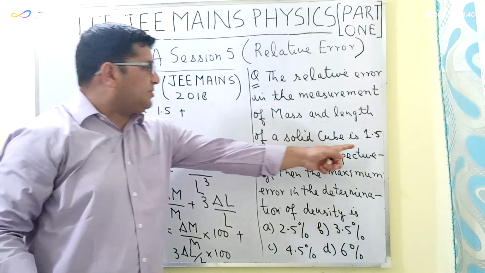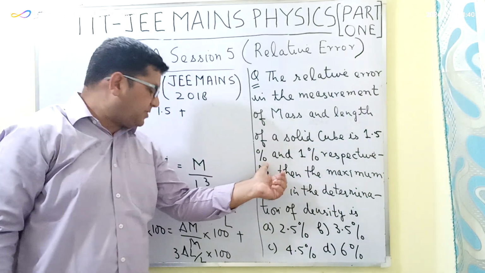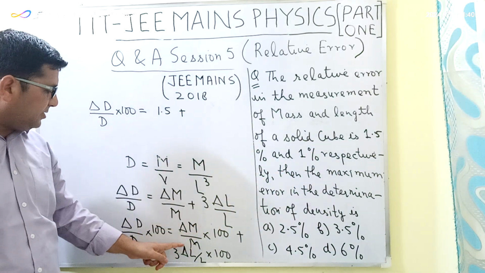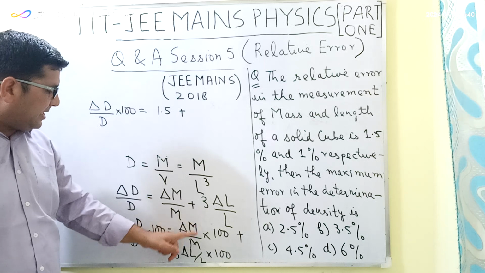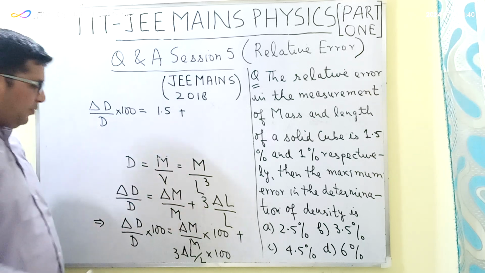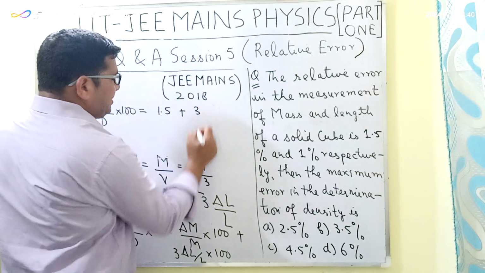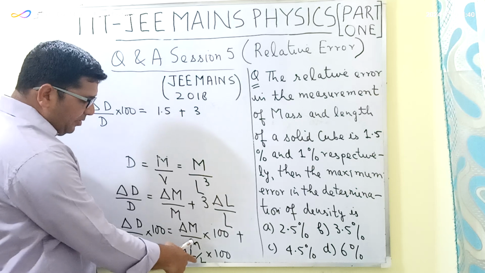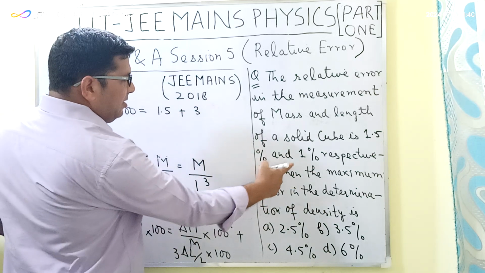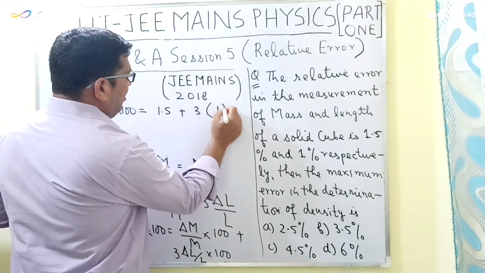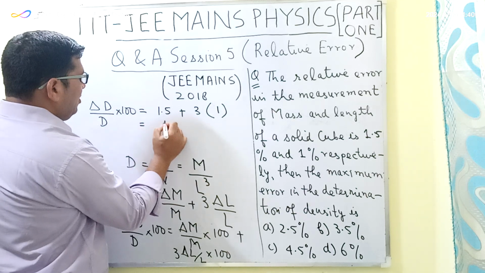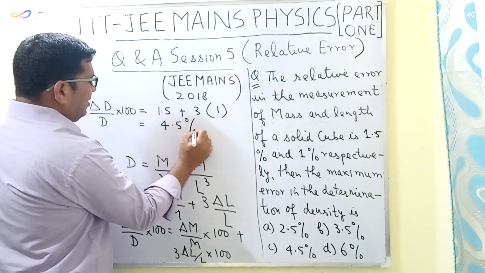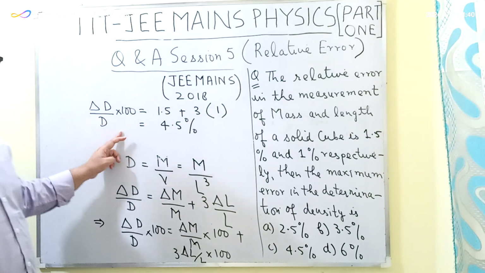Okay? Because this is the percentage error in the measurement of mass, which is equal to 1.5, plus 3 times delta L upon L into 100. So this is equal to 1%. So this is equal to 4.5%.